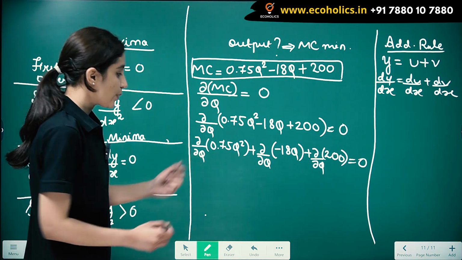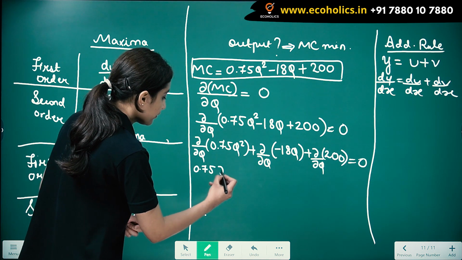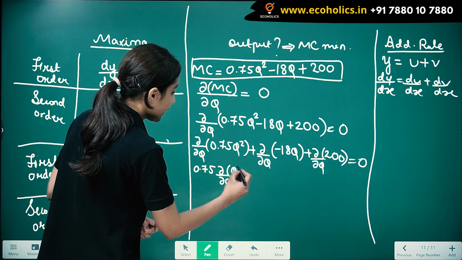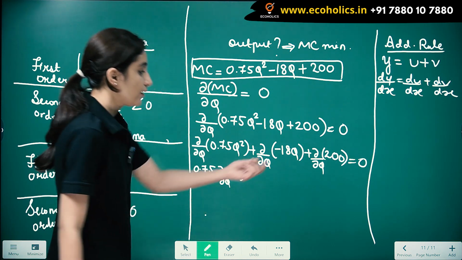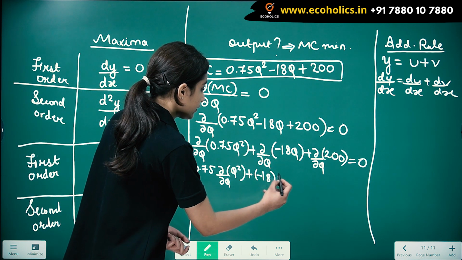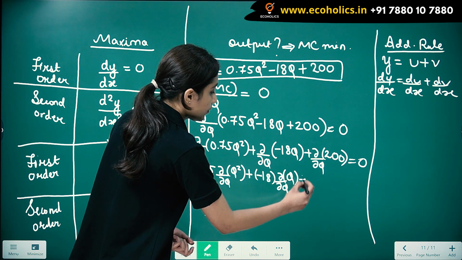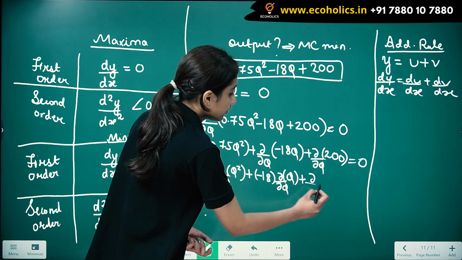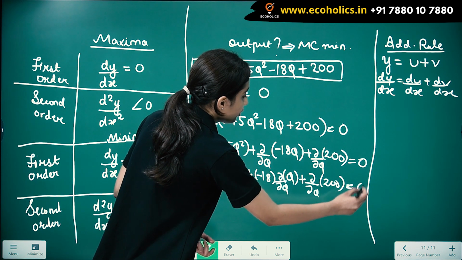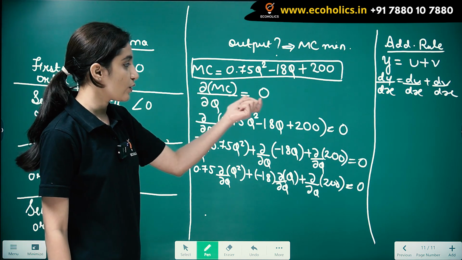Now this becomes equal to 0.75 into differentiation of Q square, plus minus 18 into differentiation of Q, plus differentiation of 200, and we need to equate this term, that is the first order derivative of marginal cost, to 0.